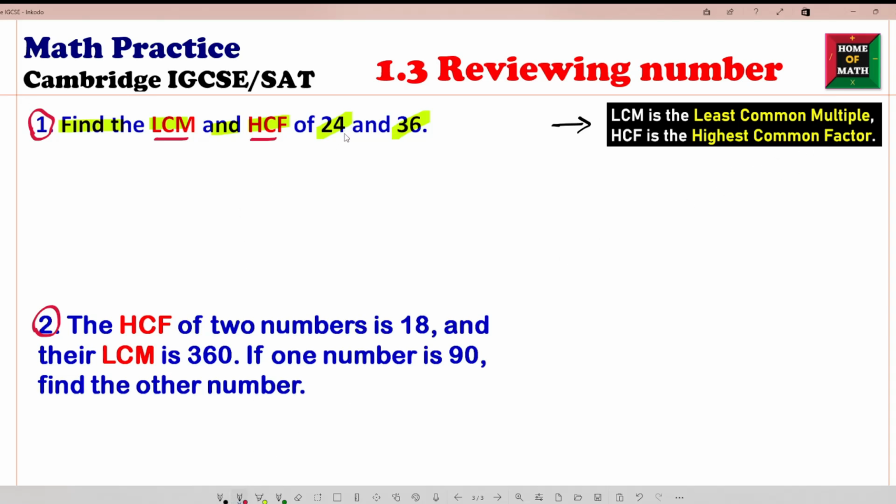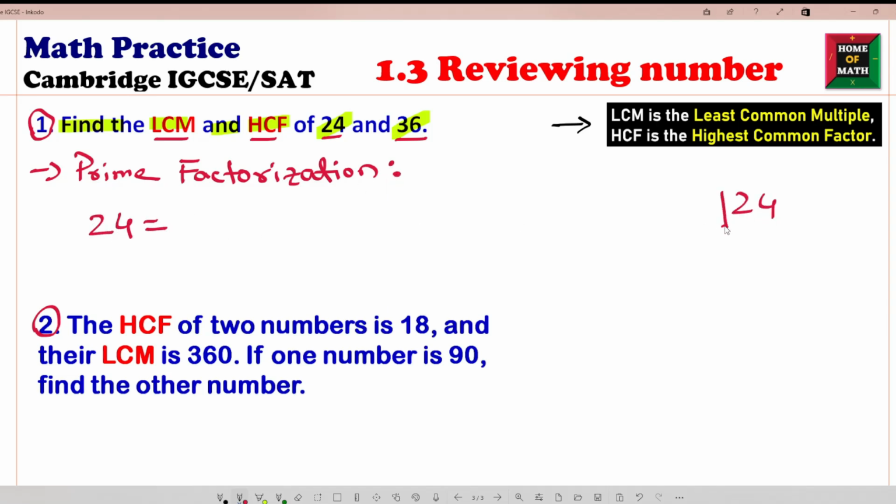So first we have to find out the prime factorization of 24 and 36. First 24, we can write like this. Once you divide 24 by 2, it will be 12, then 2, 6, then 2, 3.